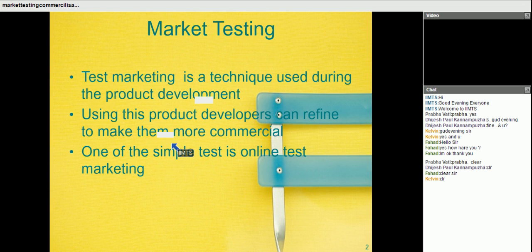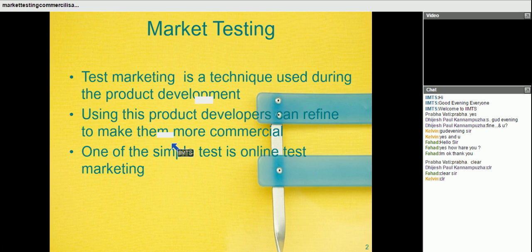So with the help of this market testing technique, the product developers, a team of people who are working day and night to make the product better before it is launched in the market, take care of all the parameters which a buyer can think of before launching that product in the market, right?